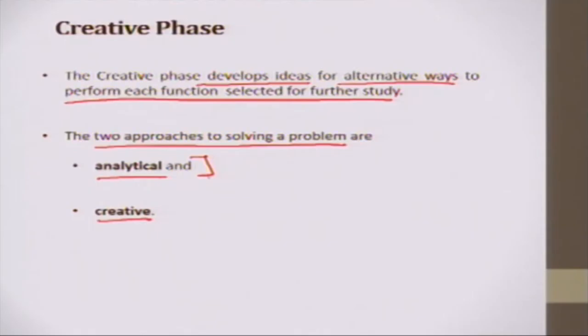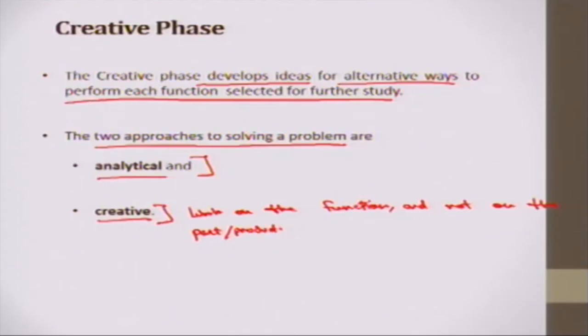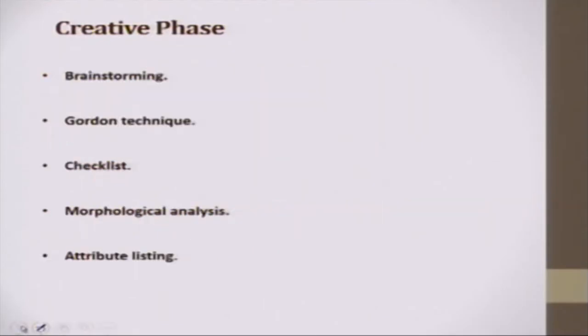In the creative technique, we work on the function and not on the part or product. There are various methods of creativity: brainstorming, Gordon technique, checklist, morphological analysis, attribute listing are a few of them.